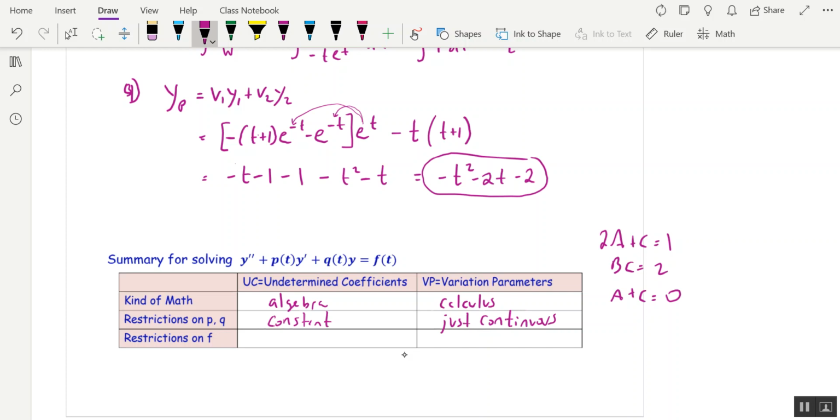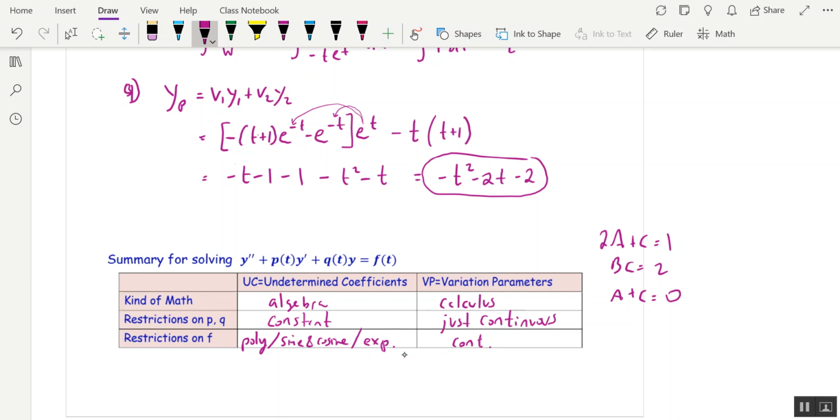All right, restrictions on F. Yes, for undetermined coefficients, the restrictions are polynomial, sine, cosine, exponentials, and products of those and sums of those terms. No restrictions for variation of parameters. F just has to be continuous.